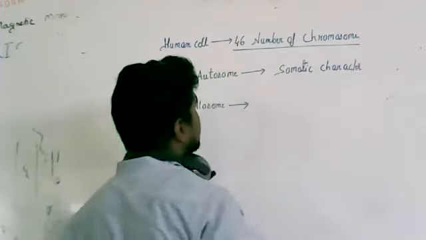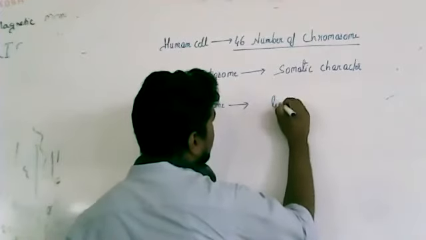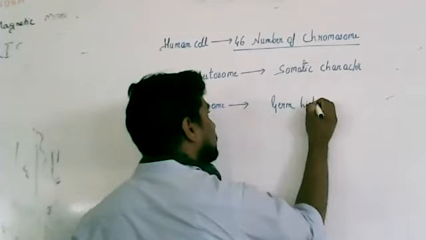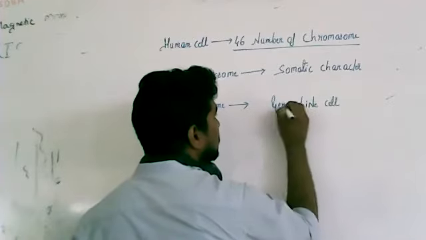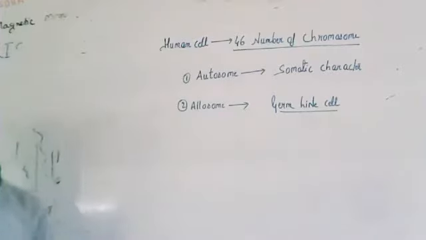The next, allosomes, are the germ line cell type. Somatic character will be decided by autosomes.